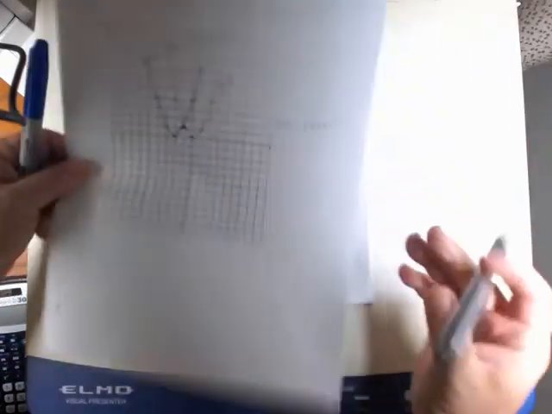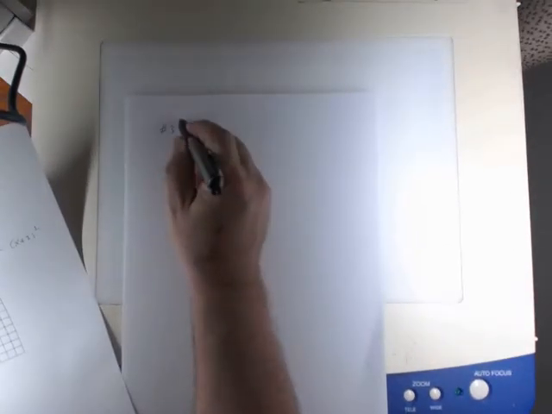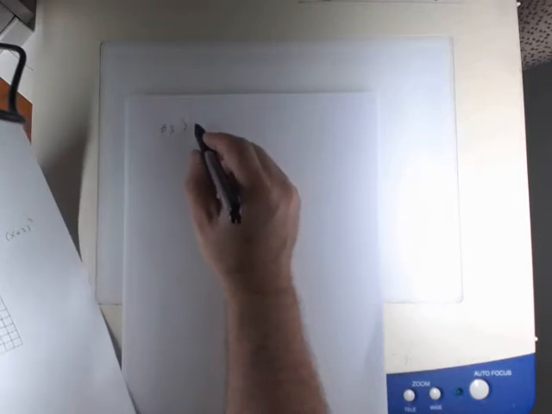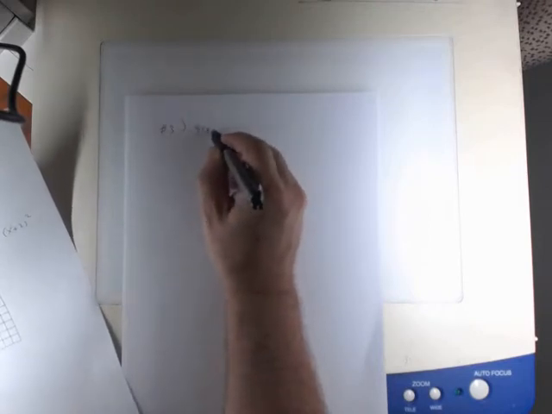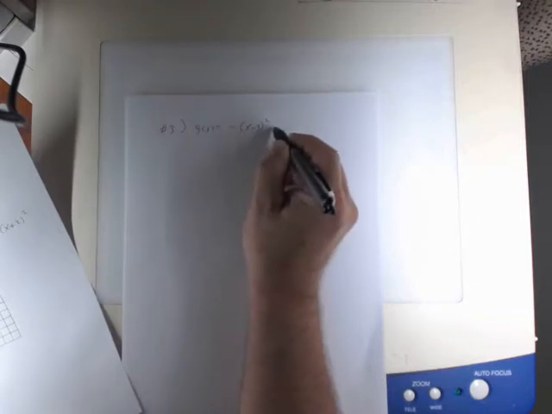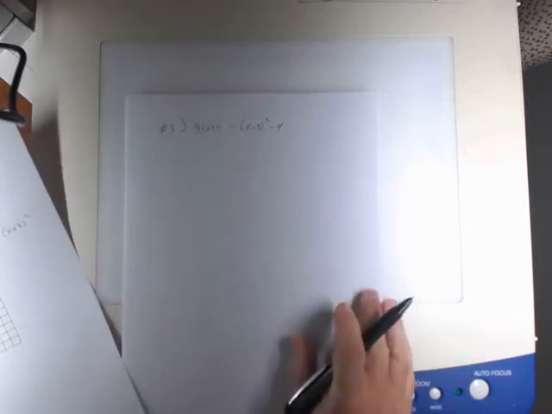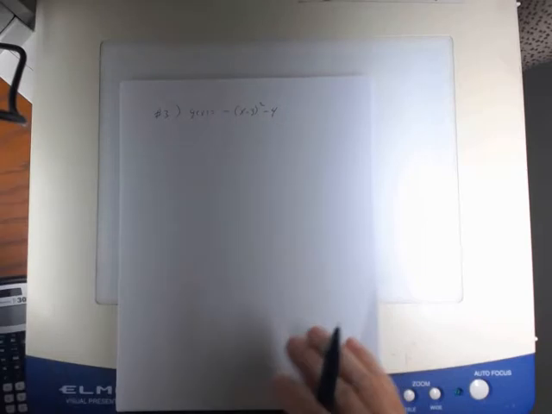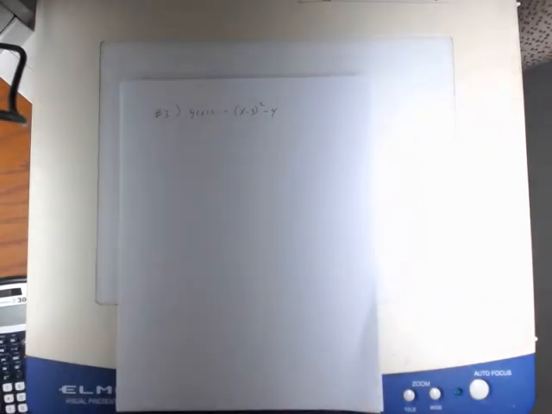All right, now, what if we had this? Okay, what if we had g of x equals this? Okay, there's an order in which you have to do the transformations.